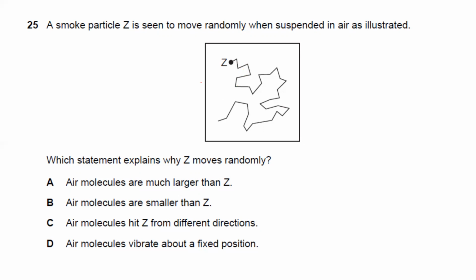Let's see which statements explain this better. Air molecules are much larger than Z. Air molecules are smaller than Z. No. Air molecules hit Z from different directions. Yes. Air molecules vibrate about fixed positions doesn't make any sense here. So answer C is the best choice we get.